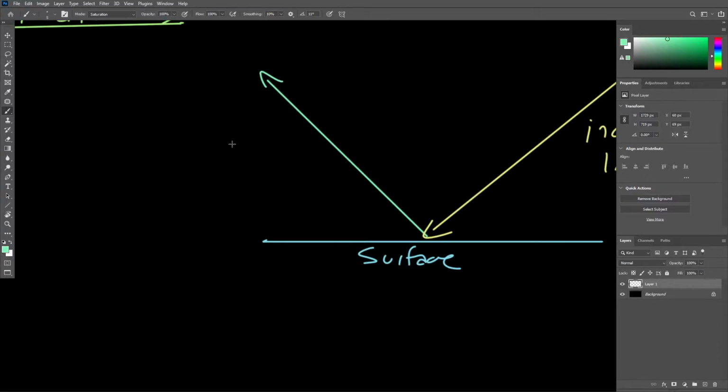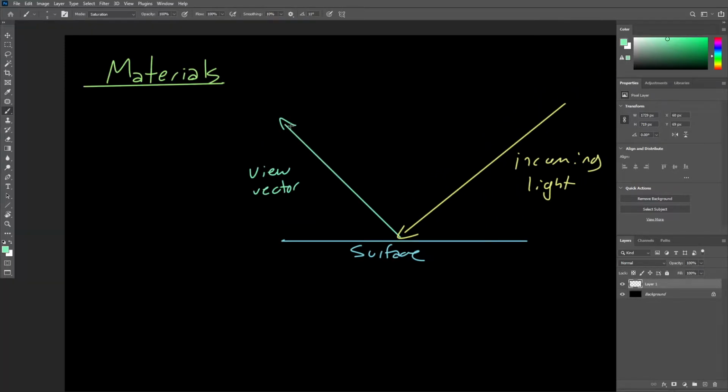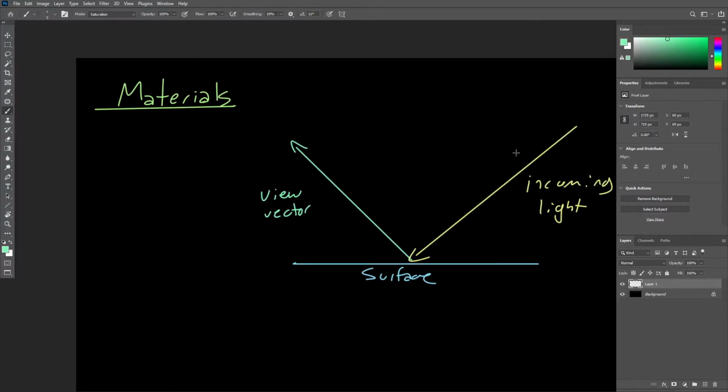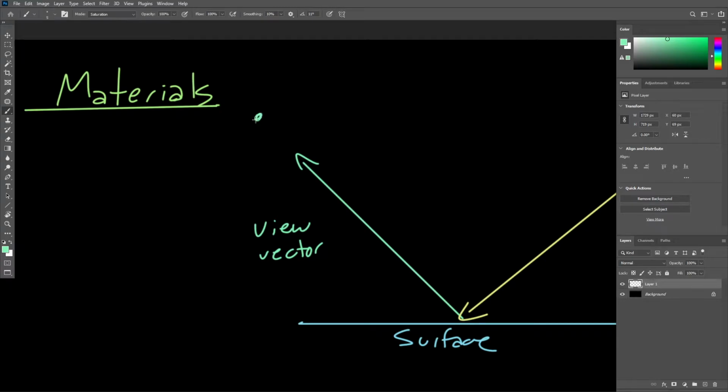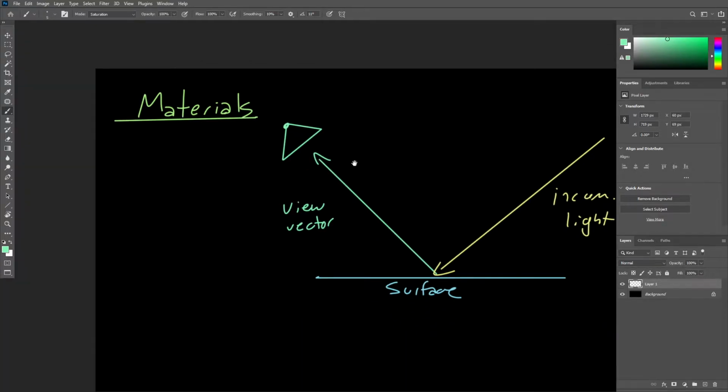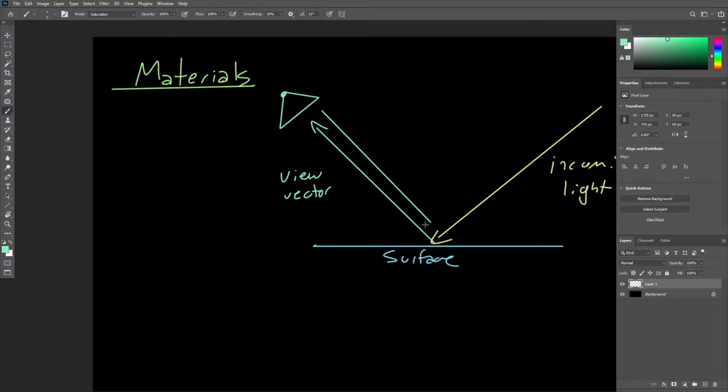So let's just call this the view direction or view vector. And this is basically the direction from which we are observing the surface point. We could imagine our camera being at this location, right? And we're looking at the surface point from this point of view.